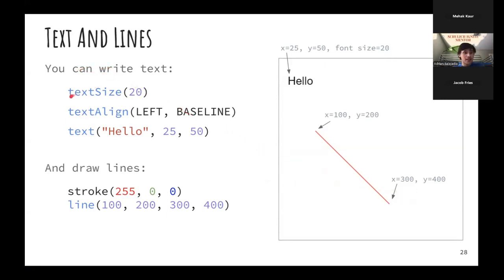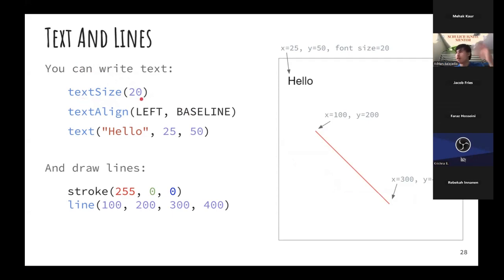To write text, you could use textSize, and the parameter it uses is just the font size. textAlign is a bit difficult to explain, but it helps align your text if you have multiple texts in your drawing screen. And then you put text hello, the x and y location of the top left, as you can see in this example. And that's how you'd print it out on your screen.